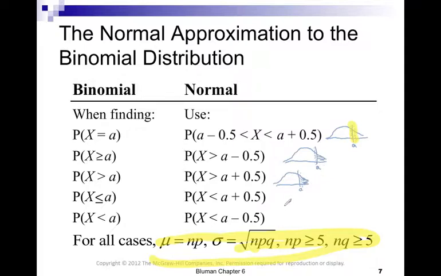And then it's the same idea here. That one is a less than or equal to. So if I was looking for a value A here, I'm going to add 0.5, because it's less than or equal to, so I want to include A when I find my value. And here it's just less than A. In other words, I wouldn't go above it because I don't want to include A. I'm going to go below it.